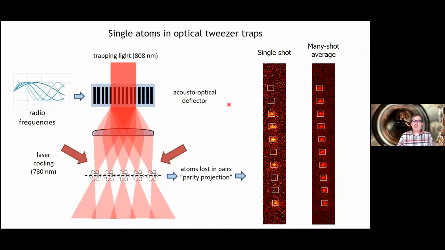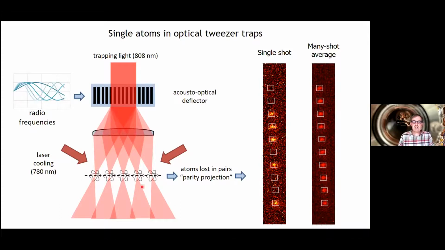We run it through an acousto-optical deflector, just something we buy off the shelf, which we drive with a comb of different radio frequencies. And then we run the light that comes out through a lens. And what happens is that for each radio frequency here, we get a separate little tweezer trap where the light is trapped very, very tightly.